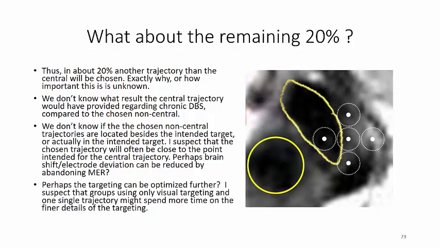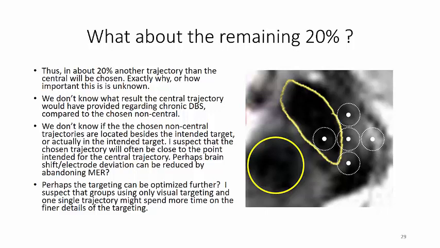We don't know what result the central trajectory would have provided regarding chronic DBS compared to the chosen non-central. We don't know if the chosen non-central trajectories are located besides the intended target or actually in the intended target.